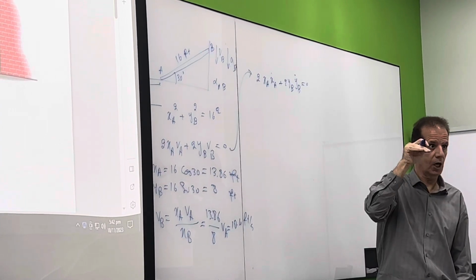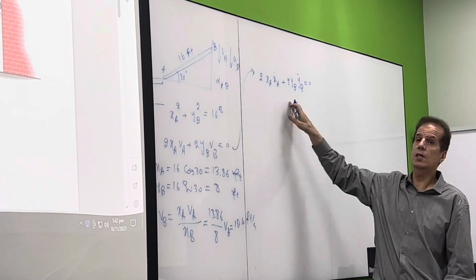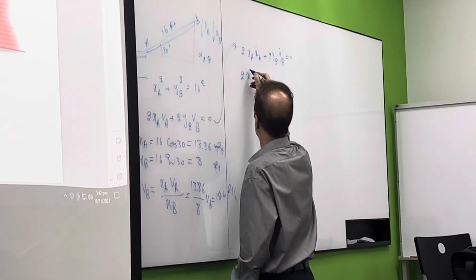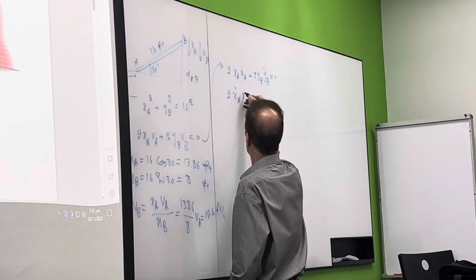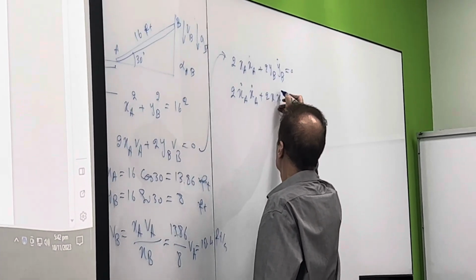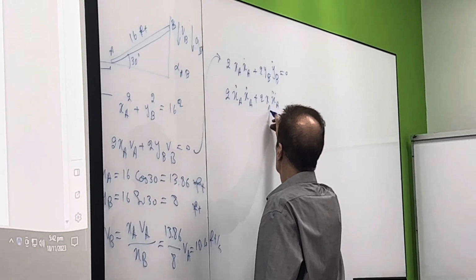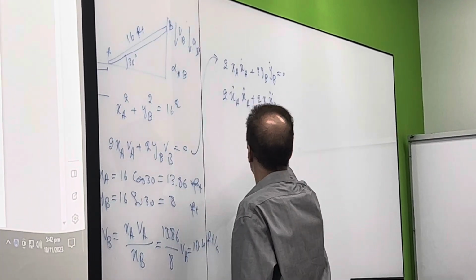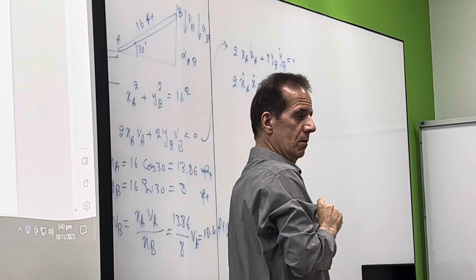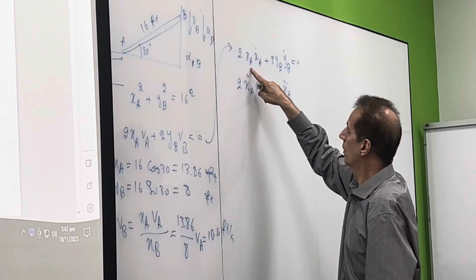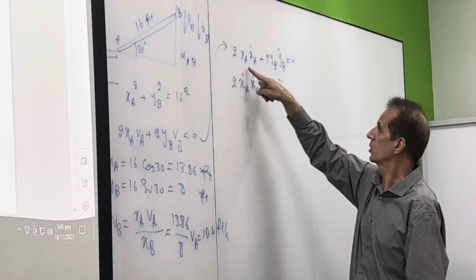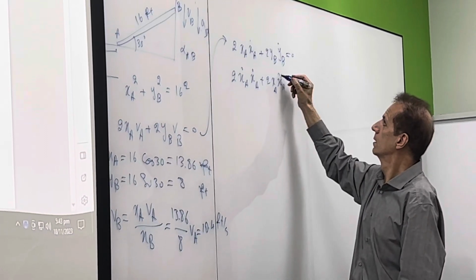Instead of v, I put dot because I'm going to take a derivative of that. Look at this. It's 2 x dot of a, x dot of a, plus 2 xa x double dot of a. These two are the derivative of that term: derivative of the first one times the second one, plus first one times derivative of the second one.